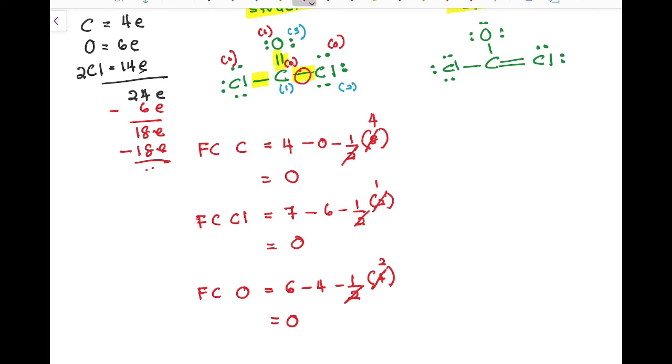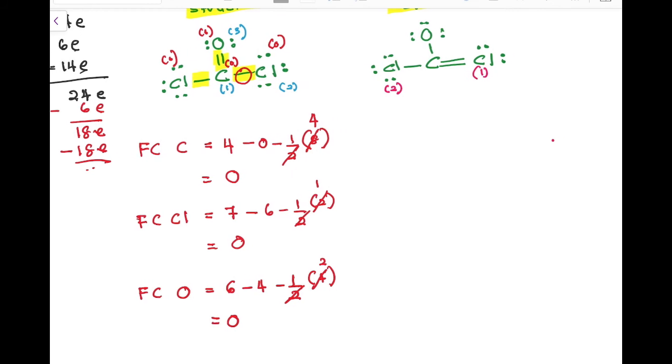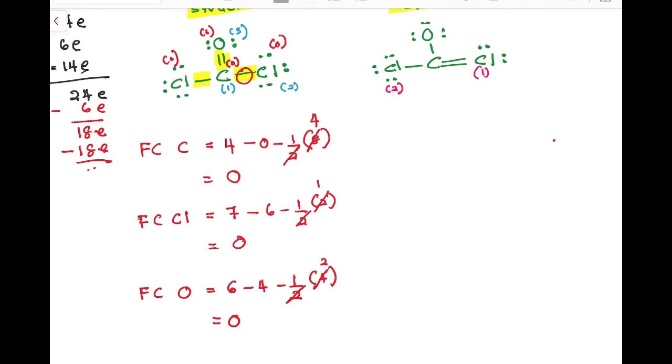Okay, now let's look at the second one. I think the carbon also, we have one carbon. The chlorine is different, so we need to calculate for each chlorine. Let's say we consider as this is chlorine number 1 and this is chlorine number 2. Okay, so we will calculate for carbon first.